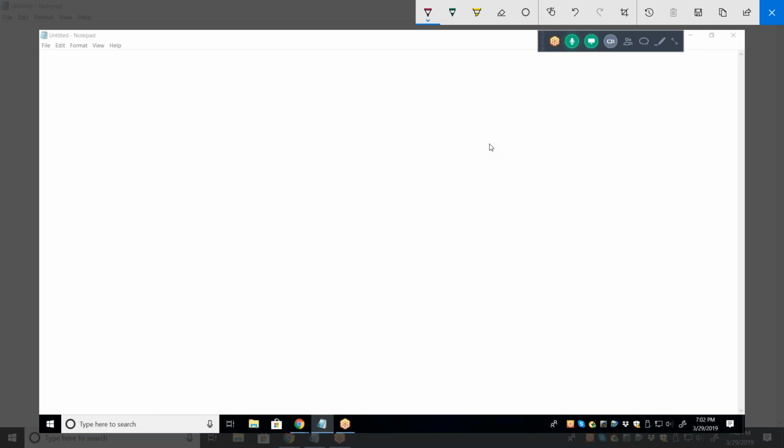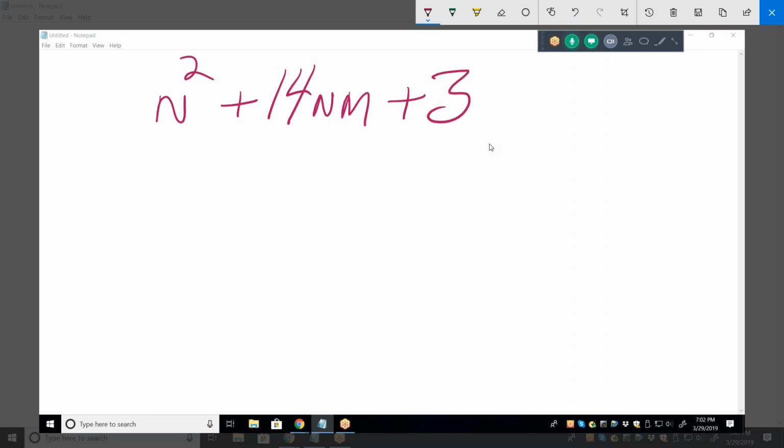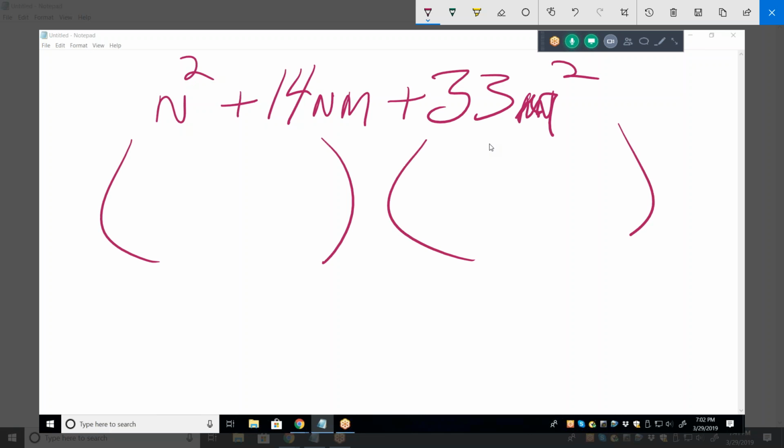So the next one is n squared plus 14nm plus 33m squared. This is a little different. How are we going to break up the n's?